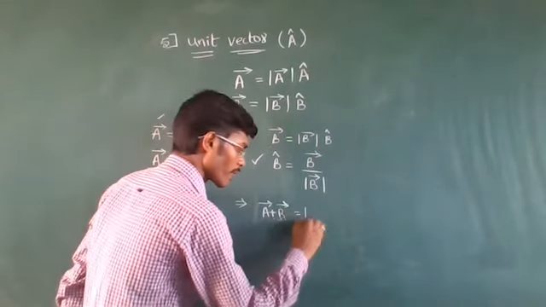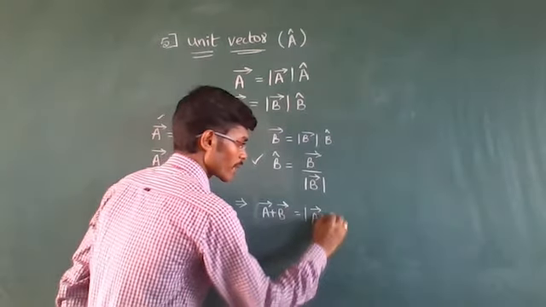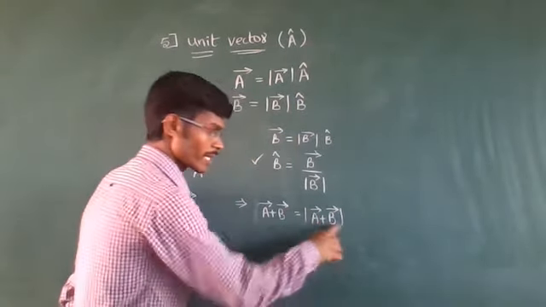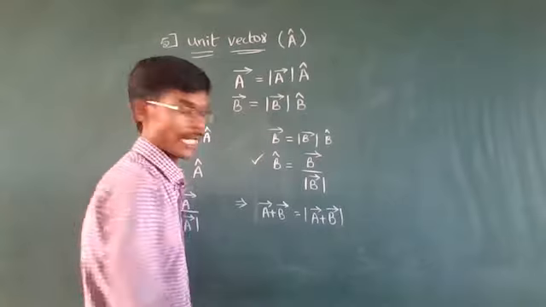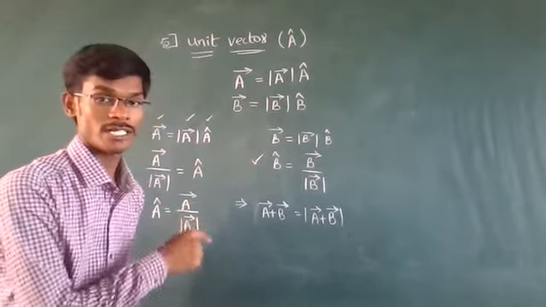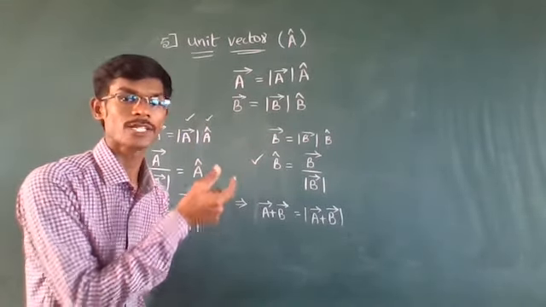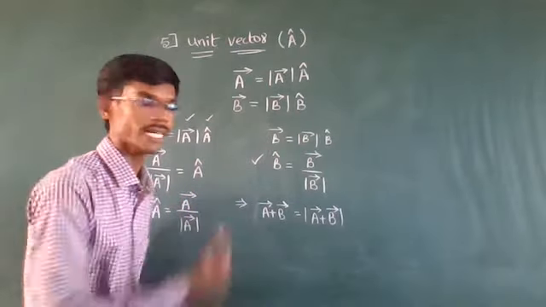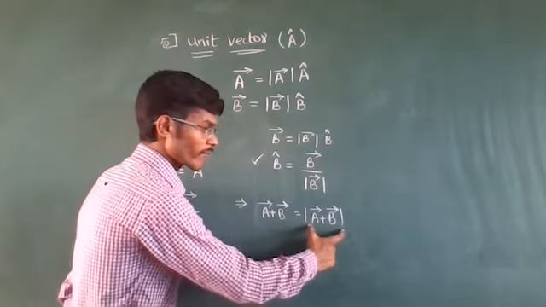Modulus of A bar plus B bar. This is the magnitude. Modulus, as we have discussed before, gives the magnitude or the length of the vector. So modulus of A bar plus B bar.